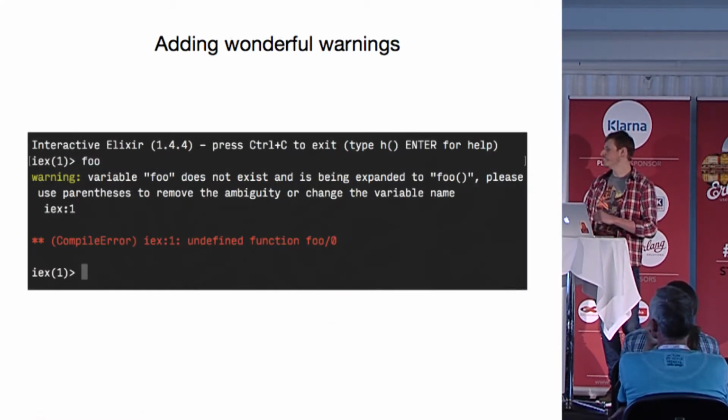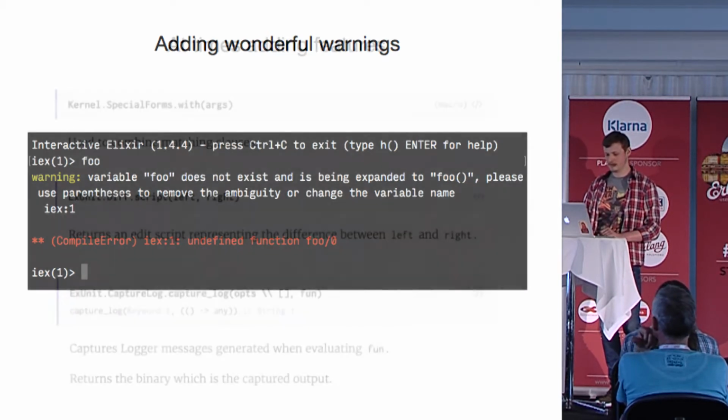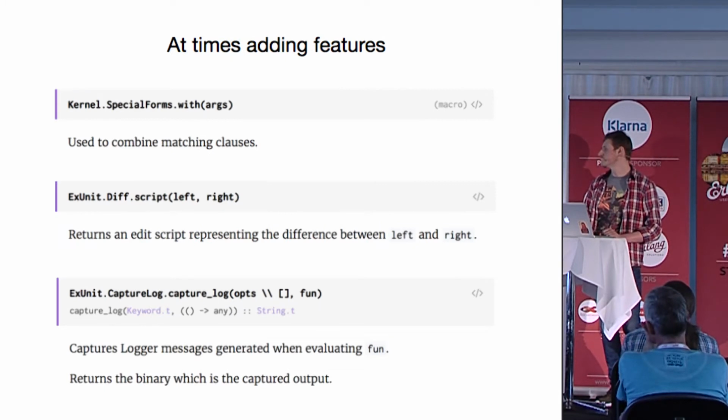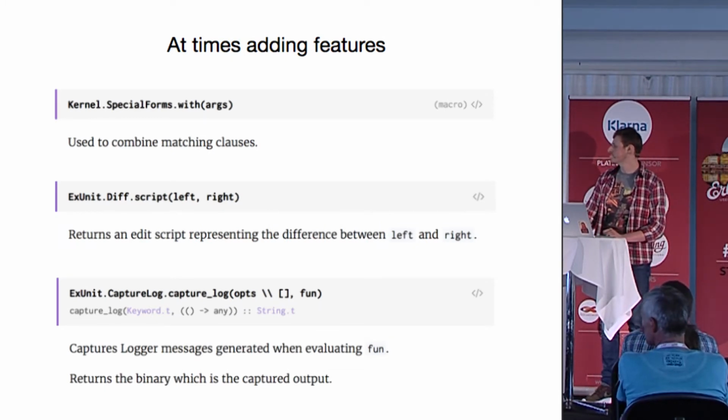And also you may know me by this wonderful warning. I guess all Elixir developers know how wonderful it is, especially when it comes from dependencies, but yes, it's part of our life. It's all right. You can blame me. Sometimes I'm adding features to Elixir. This is some that I like the most.